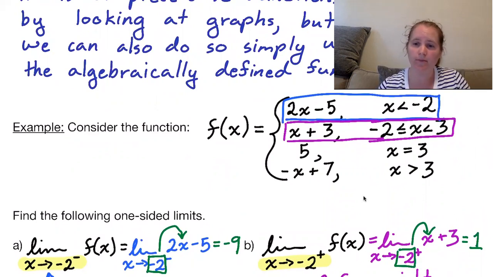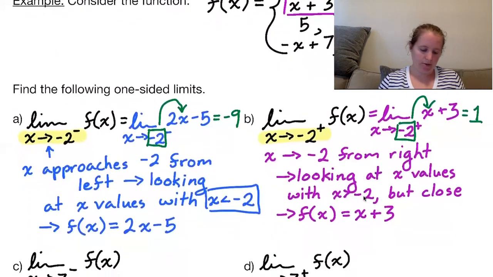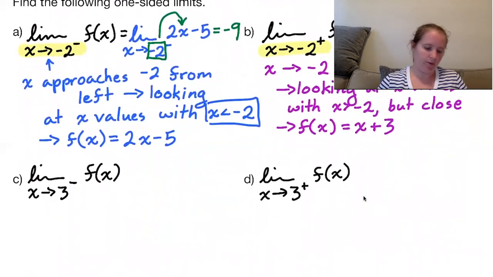Since we are only looking at the right side of -2, and for limits, we are concerned with what is close to that value. Now we are going to do the same thing with the limit as x approaches 3 from the left versus from the right.